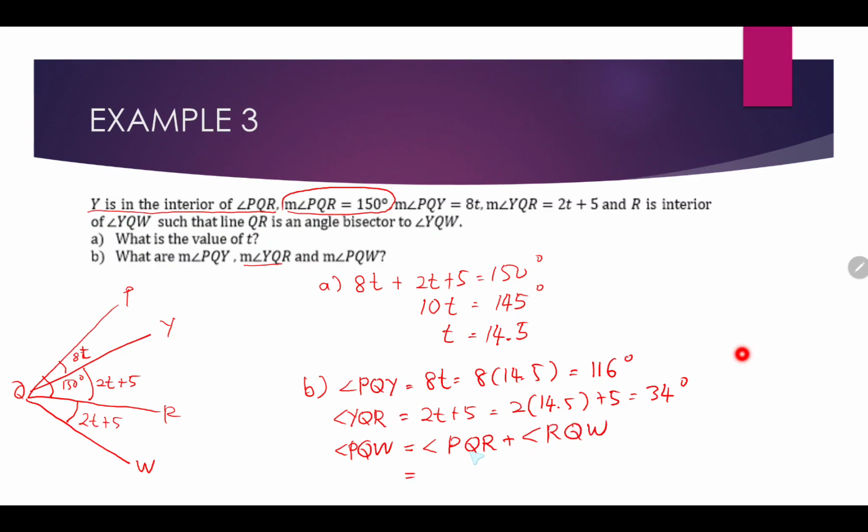We know that angle PQR is 150, plus angle RQW, which is 2T plus 5, where 2T plus 5 is 34. So total up we have 184 degrees for angle PQW.